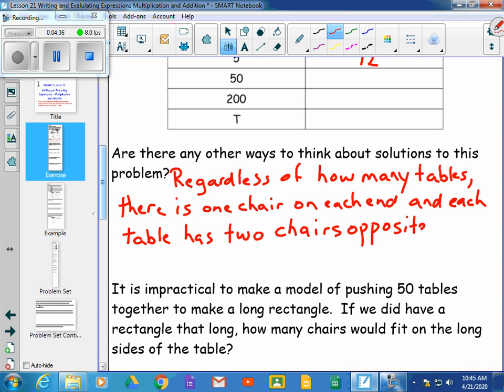It tells us we have 2 people at each side, and then 1 on each end of the long group.